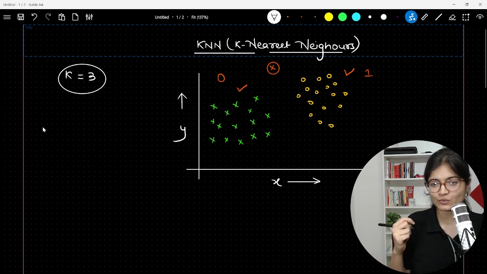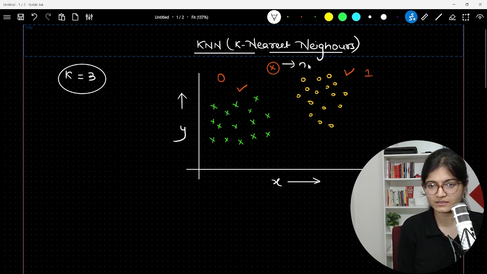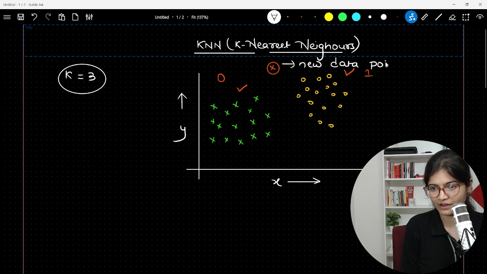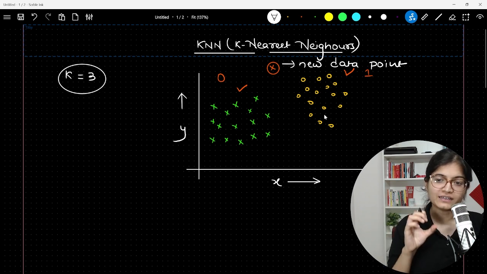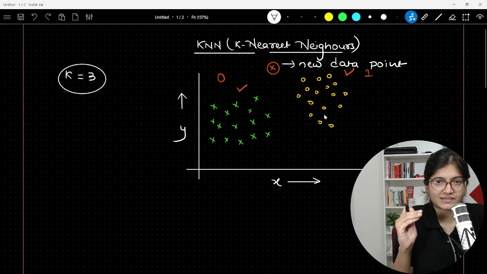So it will try to find the distance of this new data point, and there are numerous points in the available data, right? So this new data point will find the distances, and it will take the 3 nearest distances.